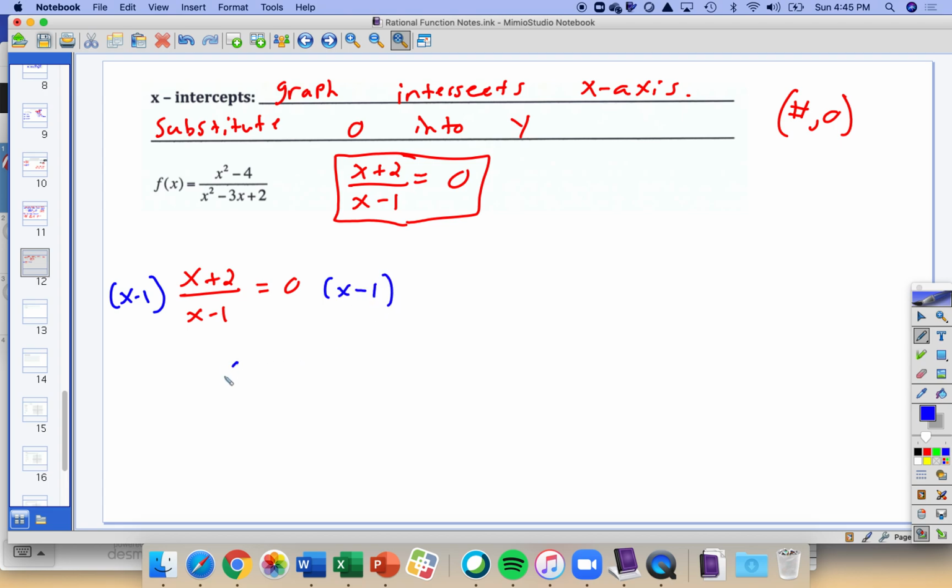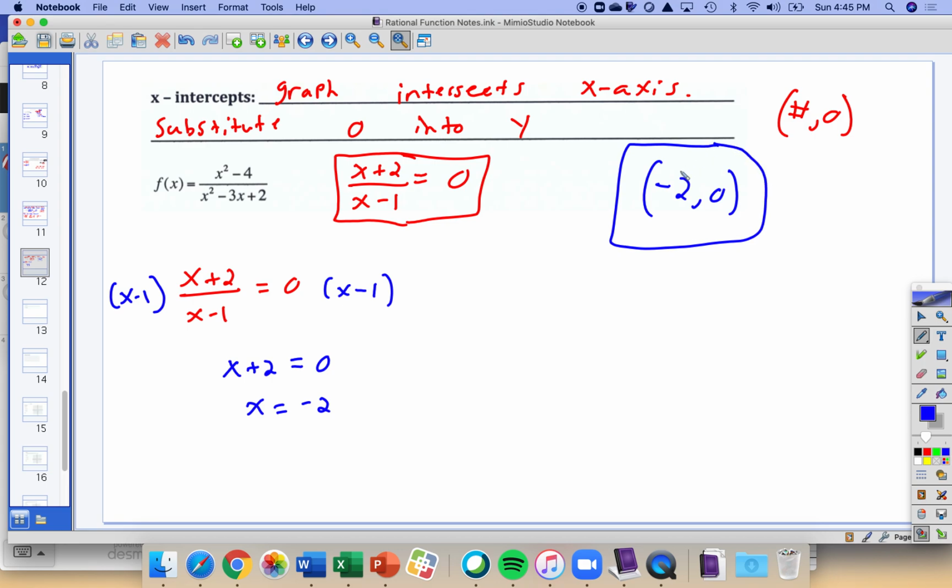So I end up with x plus 2 is equal to 0. So I end up with x is equal to negative 2. So the point that I have is negative 2, comma 0. This is the x-intercept of my graph. So we have two asymptotes, one hole, one x-intercept.